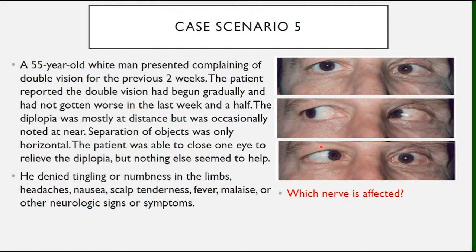So this is a complete sixth nerve palsy. So how do you manage this patient? What is the commonest cause? What's the localizing sign? It's diabetes, most common.